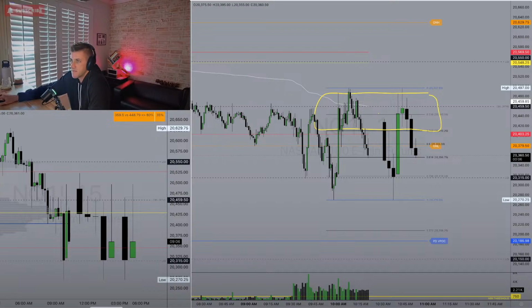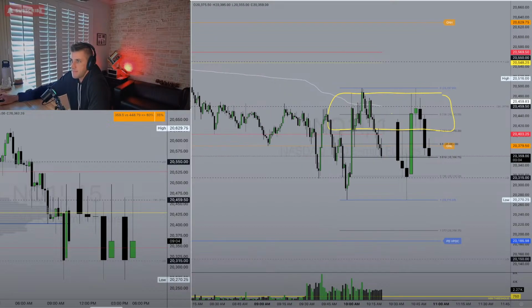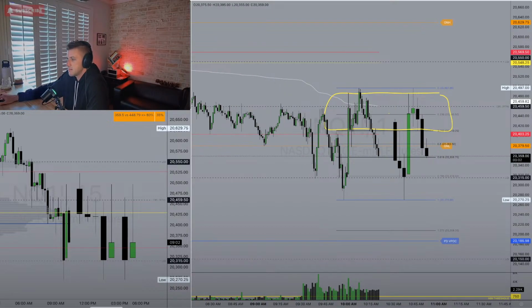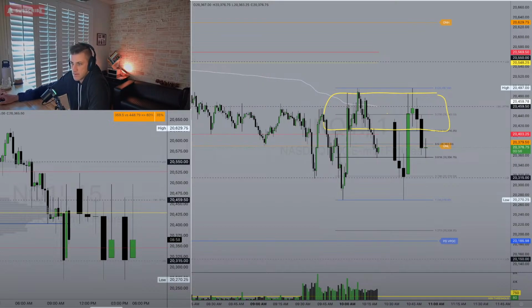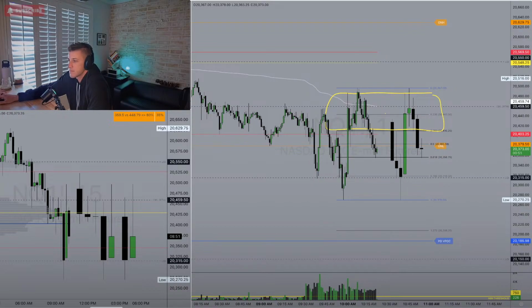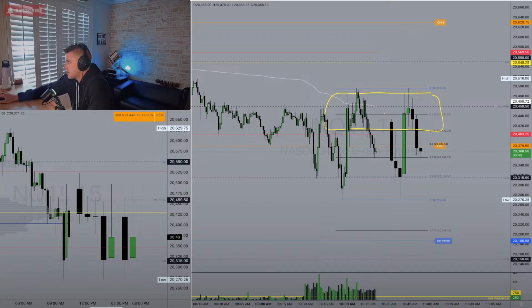There's your 61% fib. 315 is really next up. 315, definitely a much choppier morning than what we've seen recently. It's a byproduct of an inside day. Inside day so far.